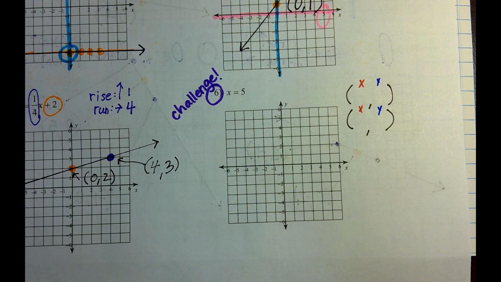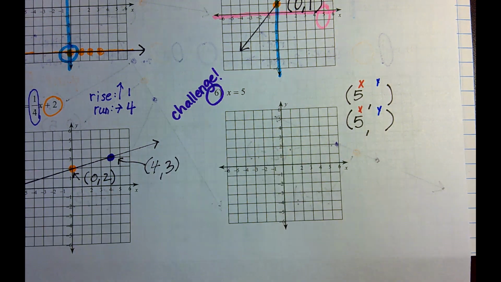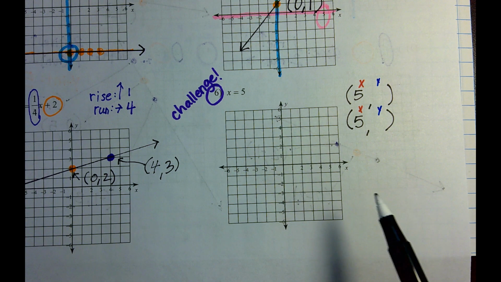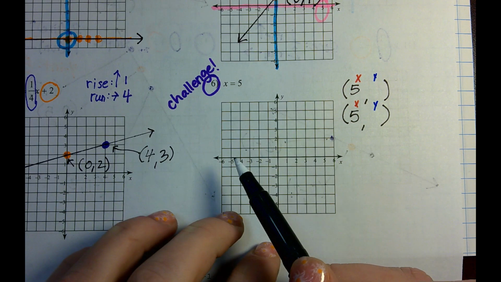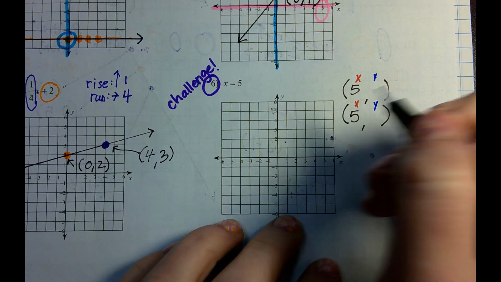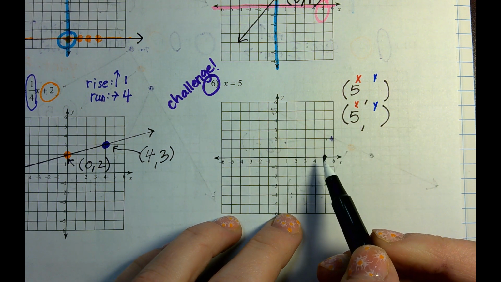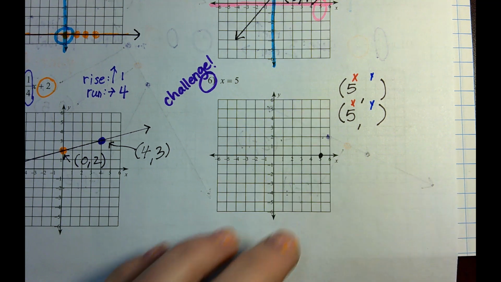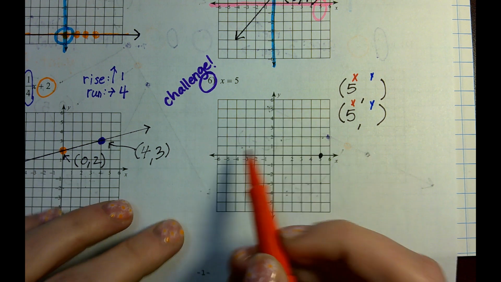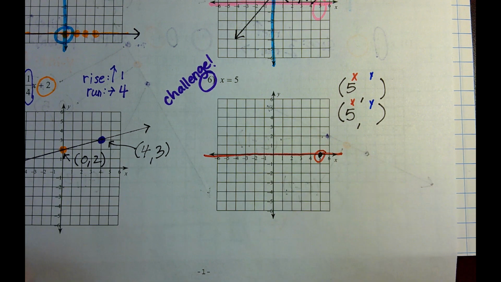X is 5 for both of them. So let's go ahead and put a 5 on x. And it's not a bad idea to go ahead and find 5 on the x-axis on your graph and just mark that. There's 5 on the x-axis, right there. Remember, the x-axis is going left to right, and there is 5.